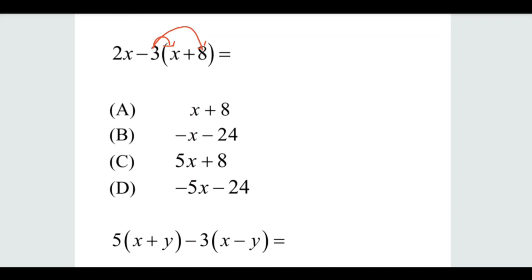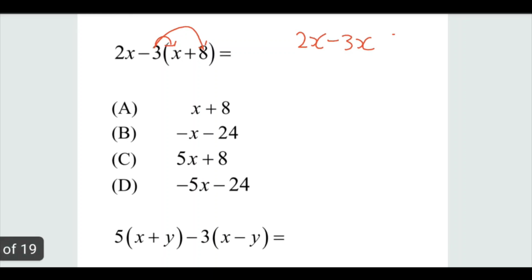So we'll have 2x subtract 3 times x, which gives you 3x, and negative 3 times 8, that will give you negative 24. 2x subtract 3x will give you negative x subtract 24, and that is equal to B.